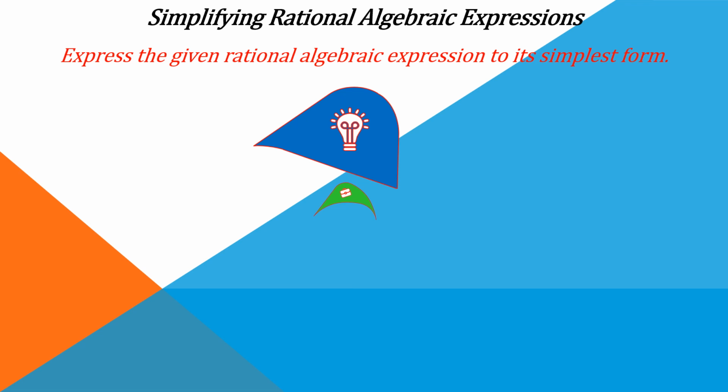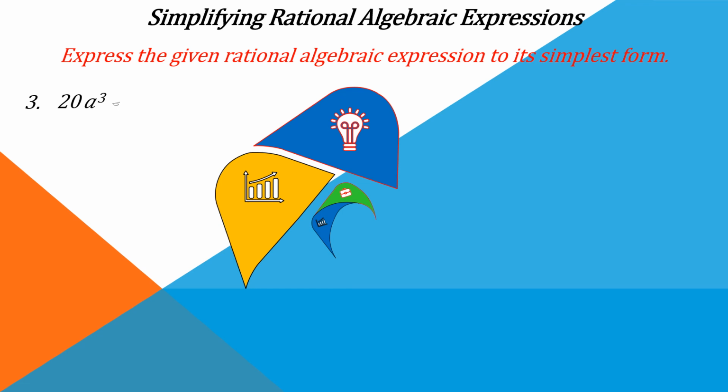Example number 3. 20a cubed b cubed divided by 25a to the fourth b to the fourth. Again, the first step in simplifying a rational algebraic expression is to factor the numerator and the denominator.